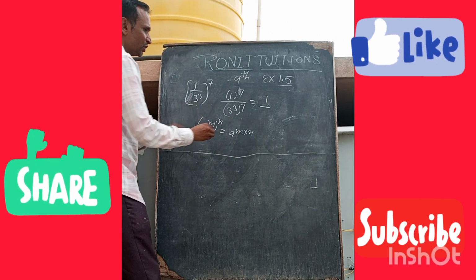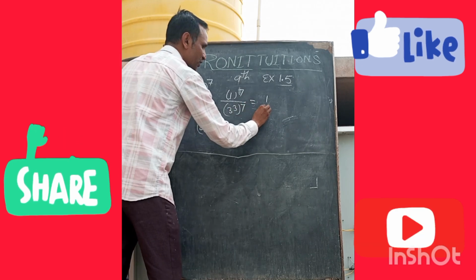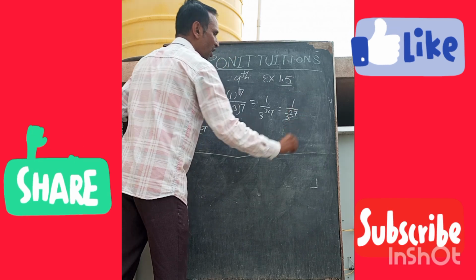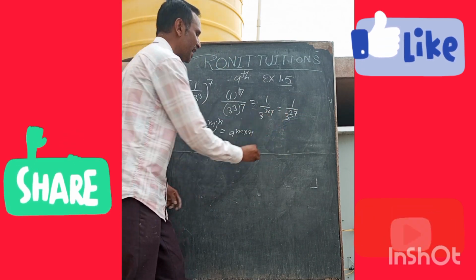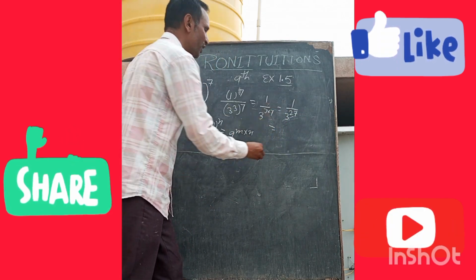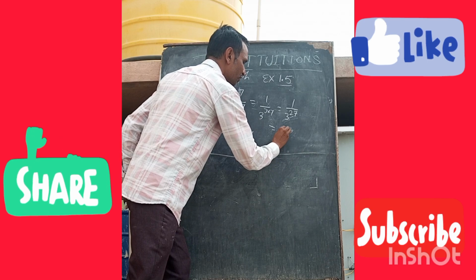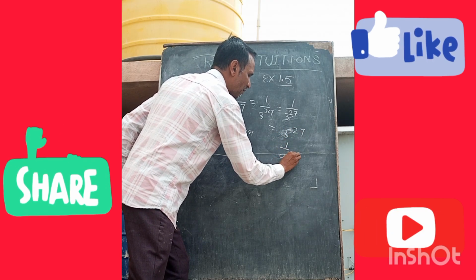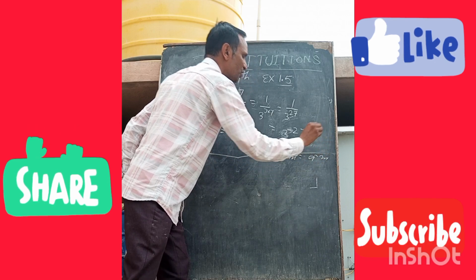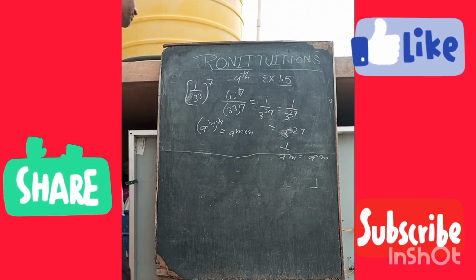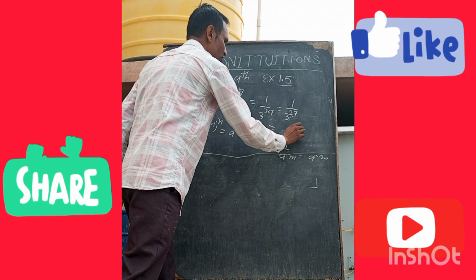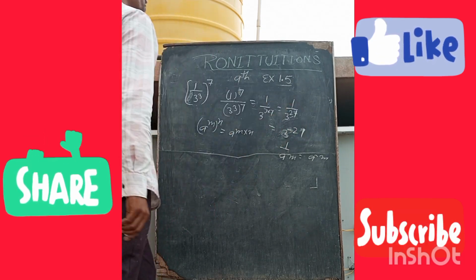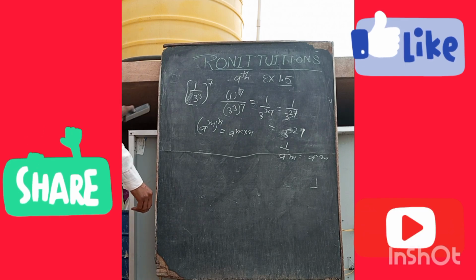So we can write this: 3 to the power 3 × 7, 3 times 7 is 21. We can write 1 by 3 to the power 21. Now 1 is on top, so we can write it as 3 to the power minus 21. Why? Because 1 by a to the power m is equal to a to the power minus m. This is the rule, so we can write it in that way, 21.